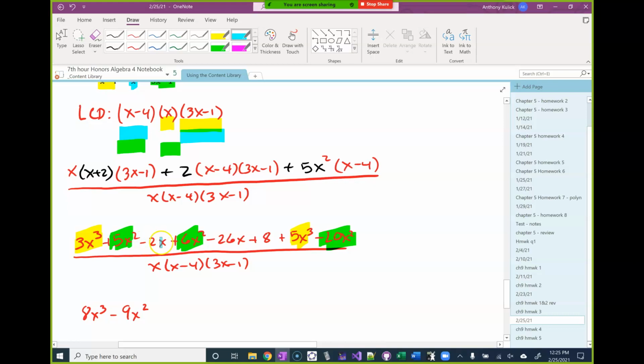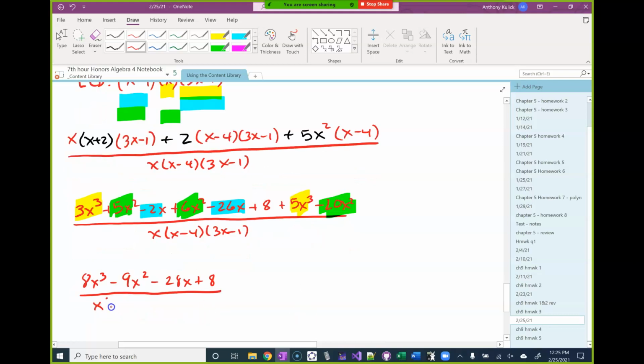And I have 2, so 28. So far, so good. So the last thing I'd want to do is try to factor that numerator to see if there's any reducing I can do.